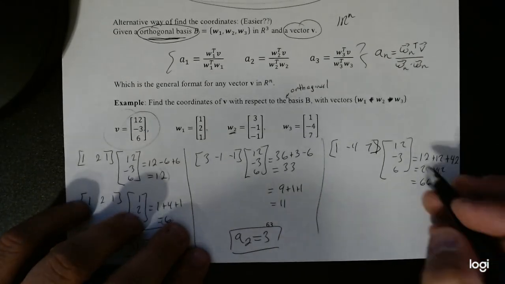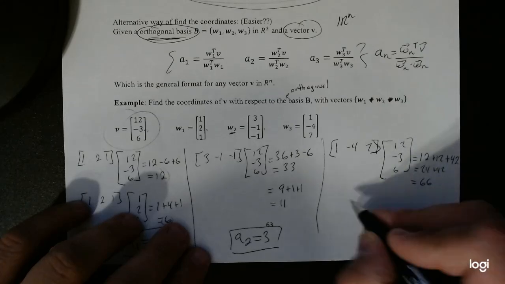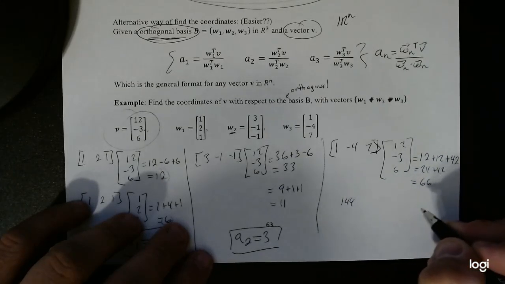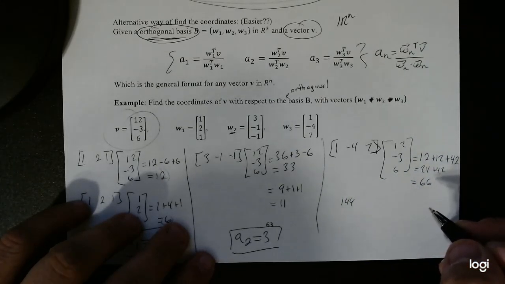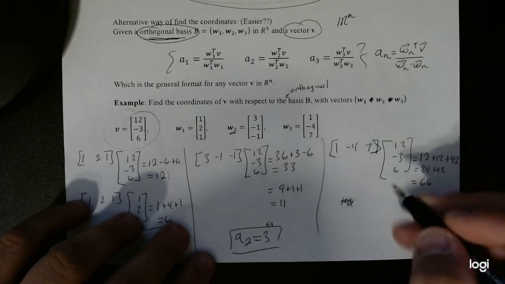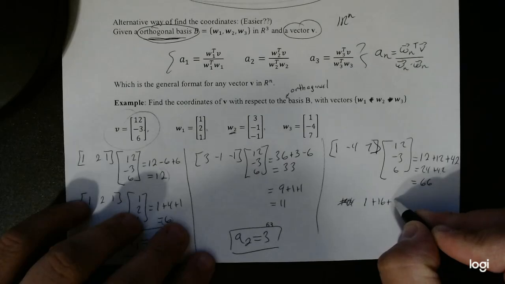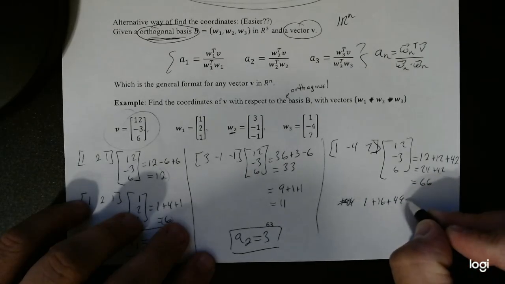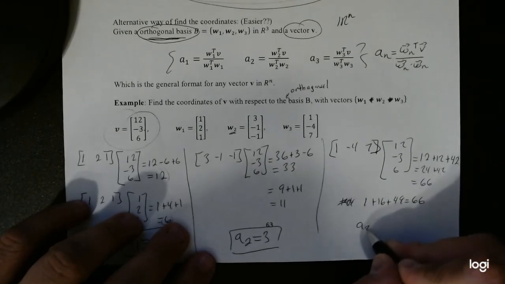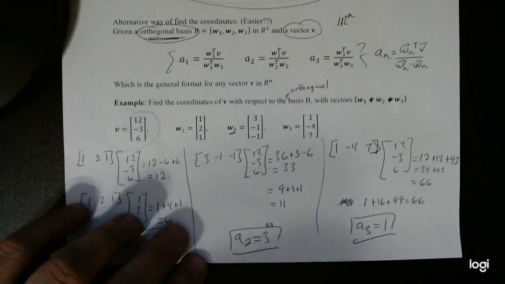And then this transpose, 12 times 12 is 144. That's a big number. Oh no, what am I doing? Not this one. This one. 1 times 1 is 1, plus 16, plus 49, which gives you 66. So A3 would be also 1.